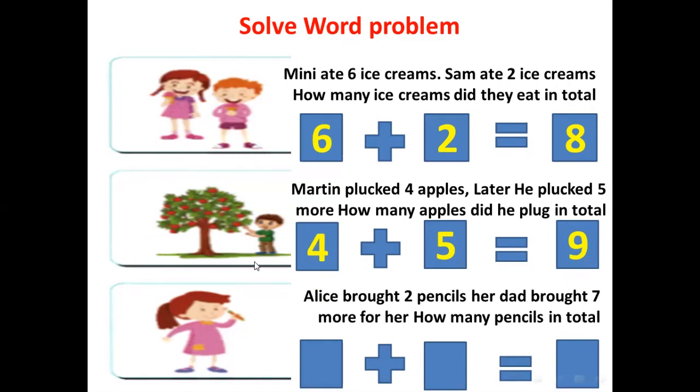The last one here in this sheet. Who can do this with me? Mahmoud, can you hear me, honey? Yes. Okay, let's read the problem together. Mary brought 2 pencils. Dad brought 7 more pencils for her.